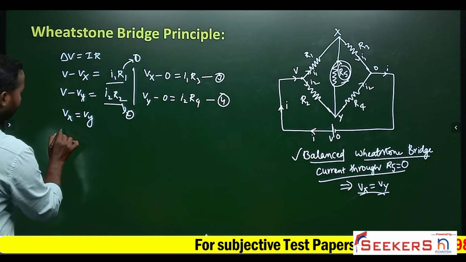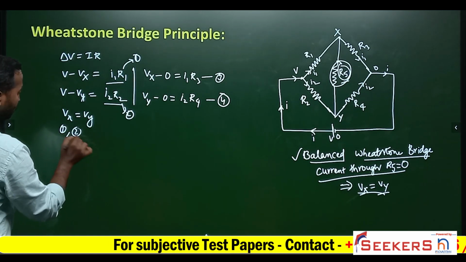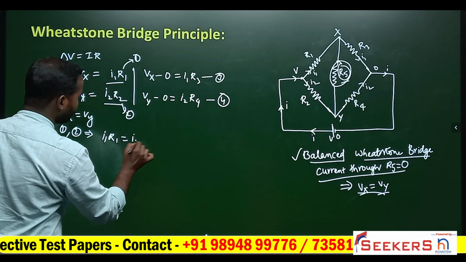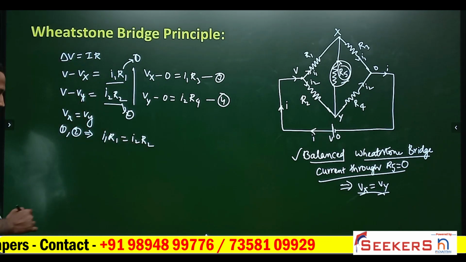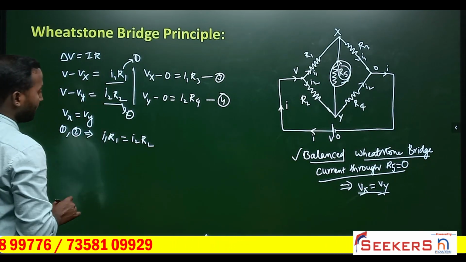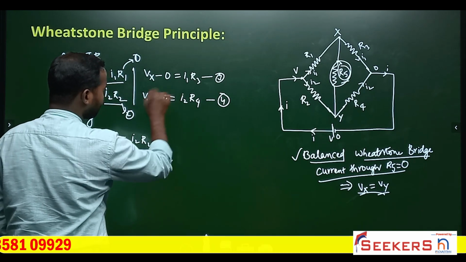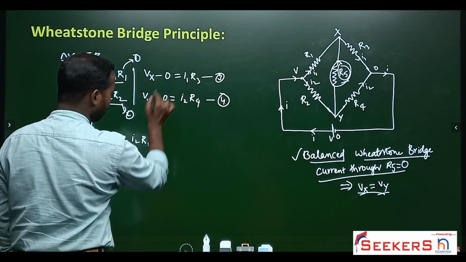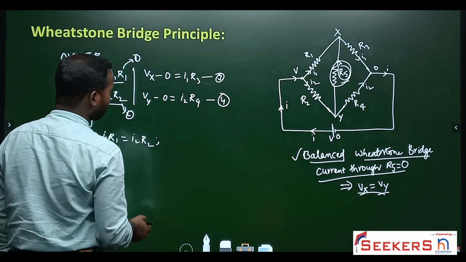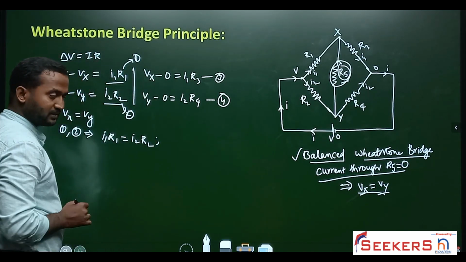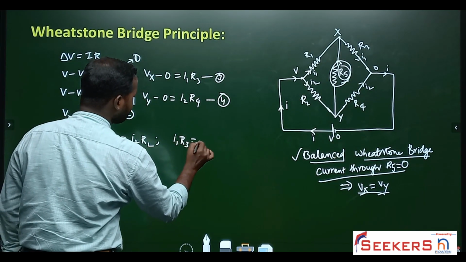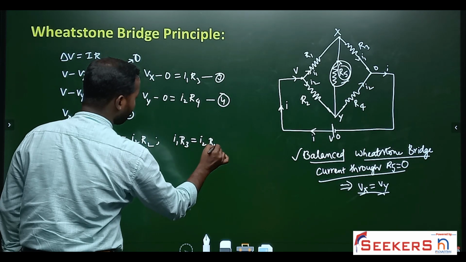If I take equations 1 and 2, I will get I1 R1 is equal to I2 R2, because the left hand sides are the same, so I can equate the right hand sides. Now Vx minus 0 is Vx, and Vy minus 0 is Vy. Since Vx is equal to Vy, both left hand side terms will be the same, so I can write I1 R3 is equal to I2 R4.